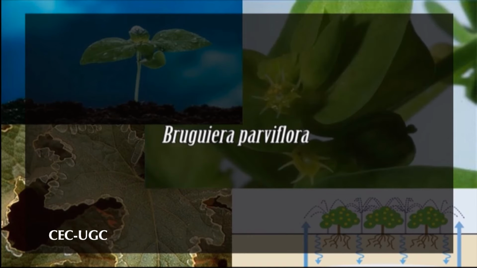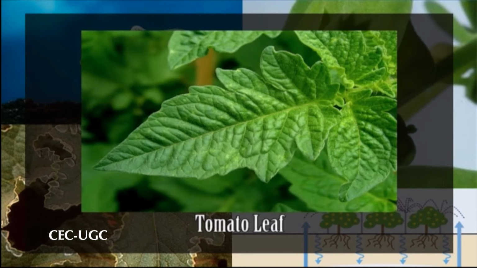A decrease in starch content and an increase in both reducing and non-reducing sugars and polyphenol level have been reported in leaves of Bruguiera parviflora. In leaves of tomato, the contents of soluble sugar and total saccharides are increased significantly, but the starch content is not affected.